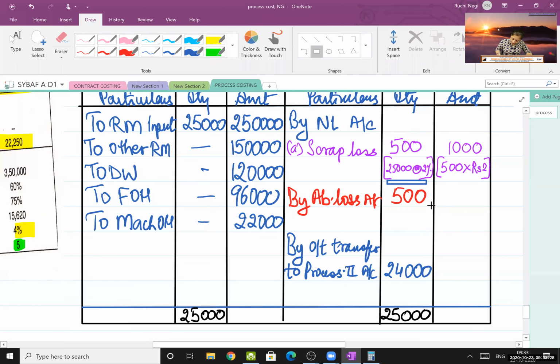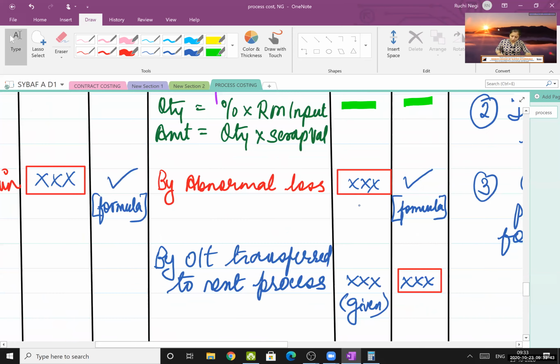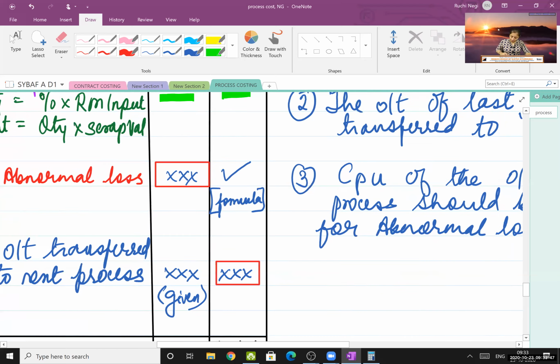So this is the balancing figure. So don't forget all these things. Clear? Now, how will you get this value? By using the formula. See, I'll take you back to the formula. See, abnormal loss. This is the balancing figure. See, this will be getting by the formula. Okay.